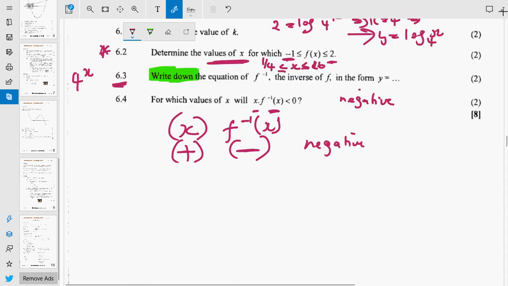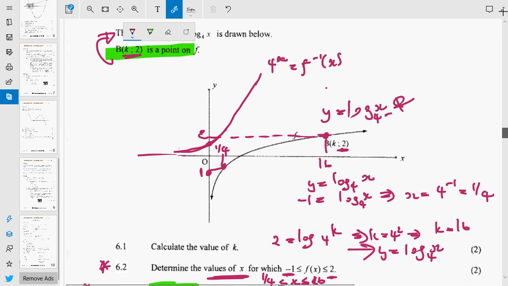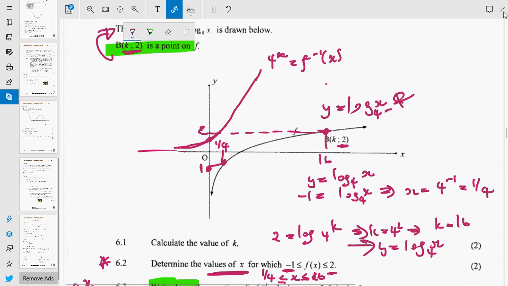Another possibility is when the x values are negative and the graph of the inverse is positive. Now let us see what is happening here. The graph is always positive because it is always above the x-axis. The x's are negative below 0 and positive above 0.